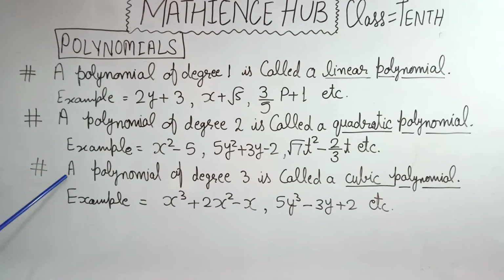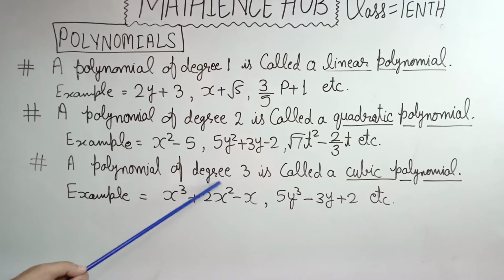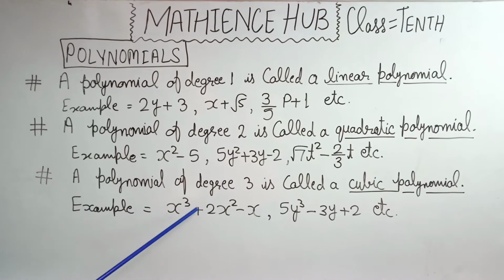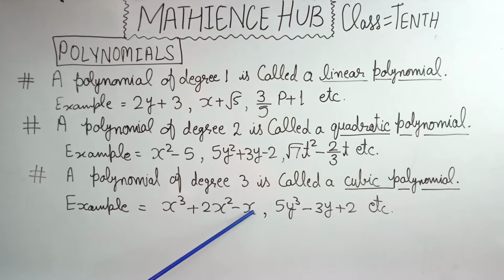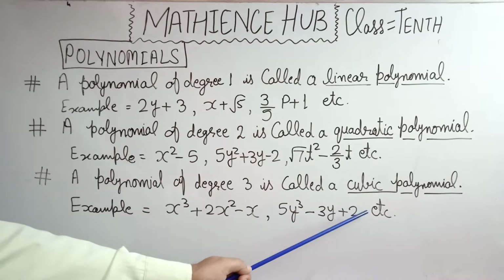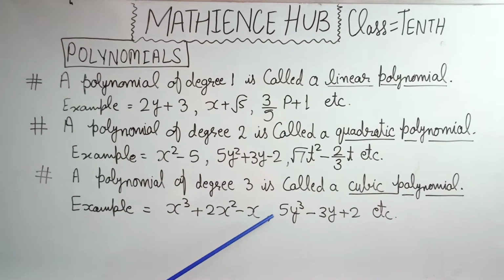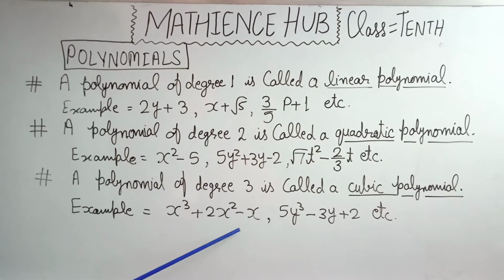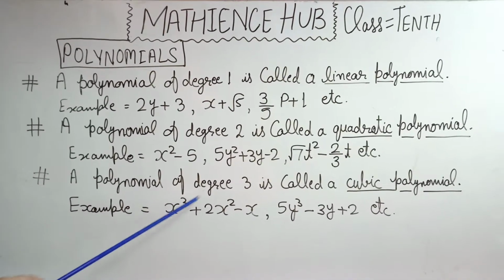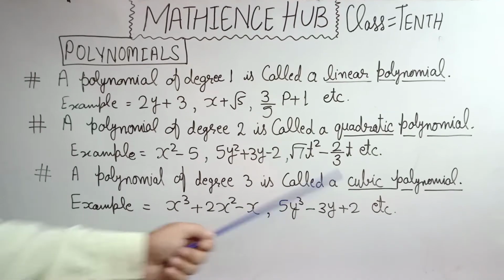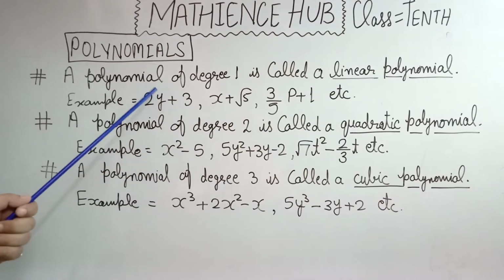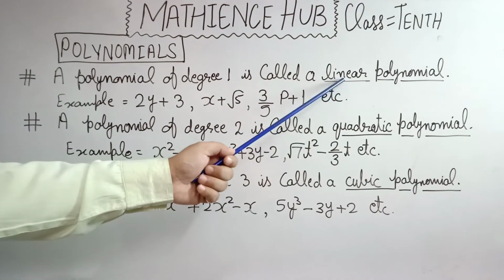Third, a polynomial of degree 3 is called a cubic polynomial. Examples: x cube plus 2x square minus x, y cube minus 3y plus 2, etc. You can write many examples of this type, but you know that highest degree 3 is called a cubic polynomial, highest degree 2 is called a quadratic polynomial, and highest degree 1 is called a linear polynomial.